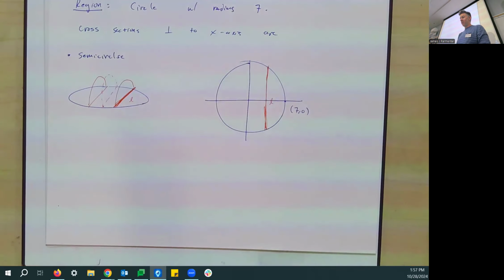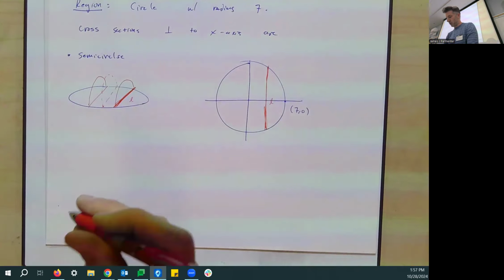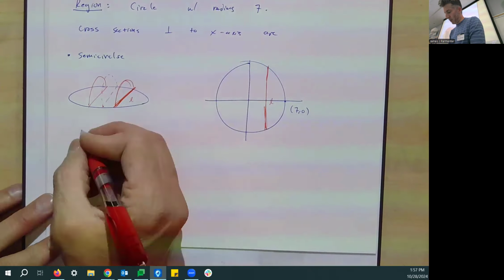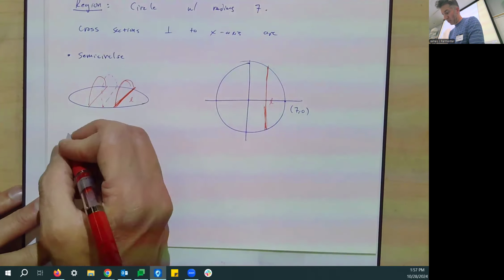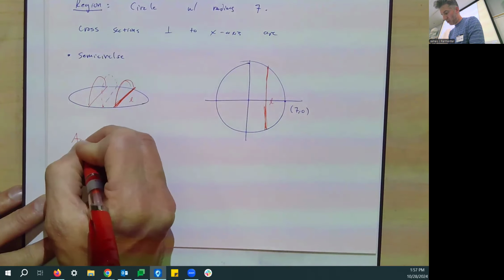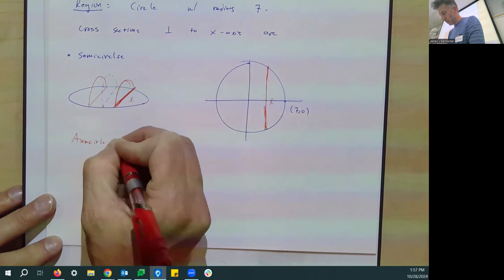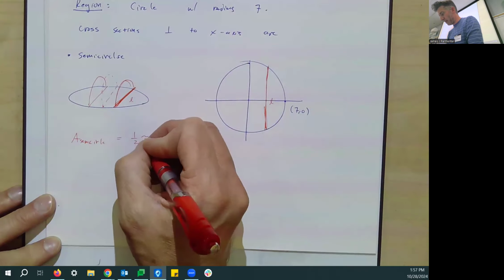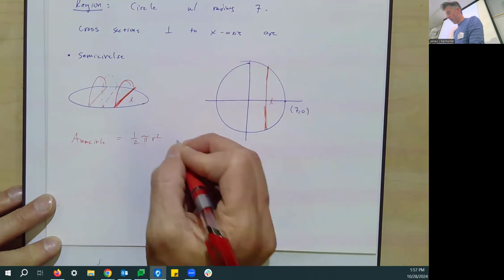And then I want to find the area of my little cross-section thing. So it's a semicircle, and the area of a semicircle is 1/2, because it's half of the area of a circle, pi times my radius squared.